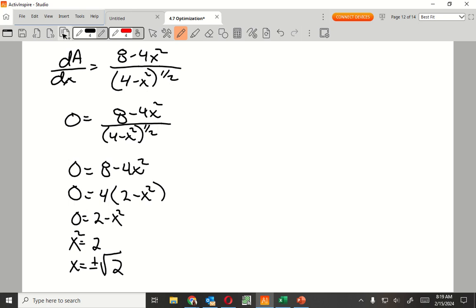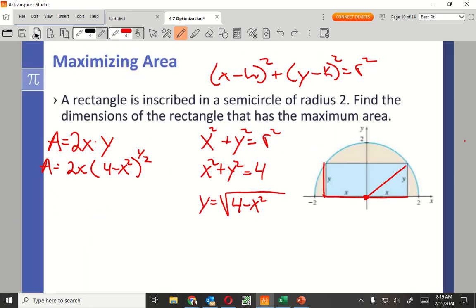That's what that means. So back to my values. Right here, this is going to be a, going in this direction, negative rad 2. This one over here is going to be a positive rad 2.